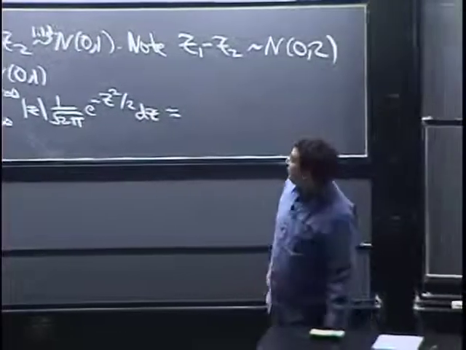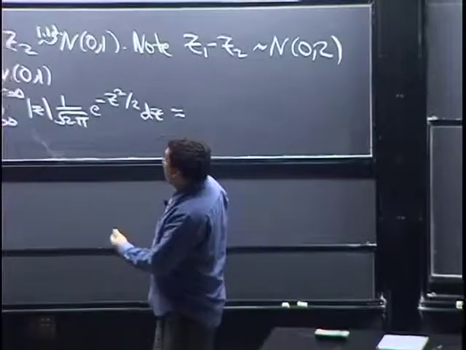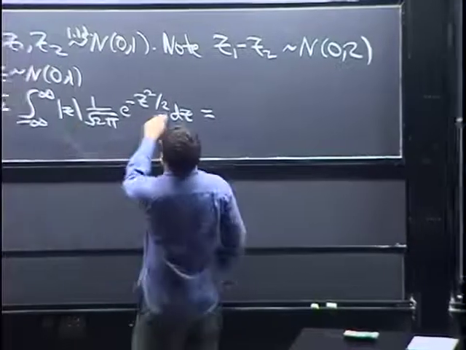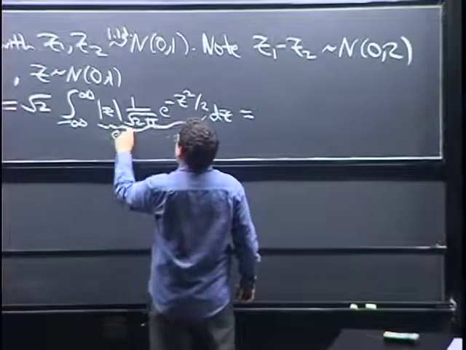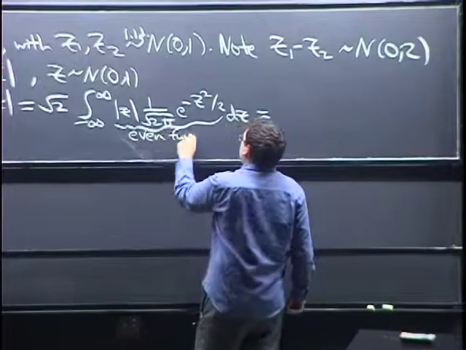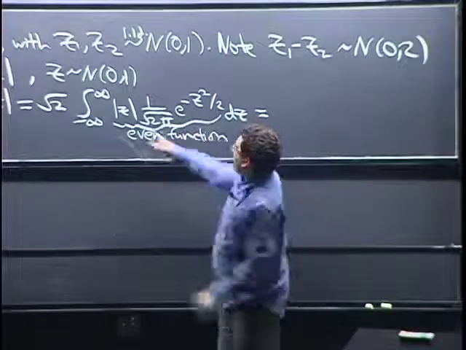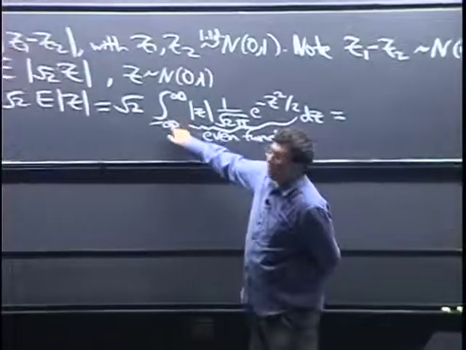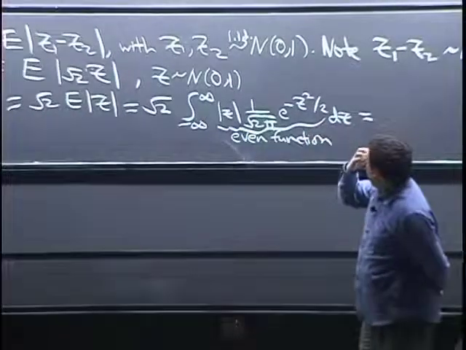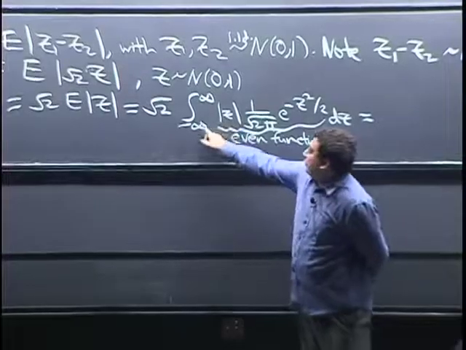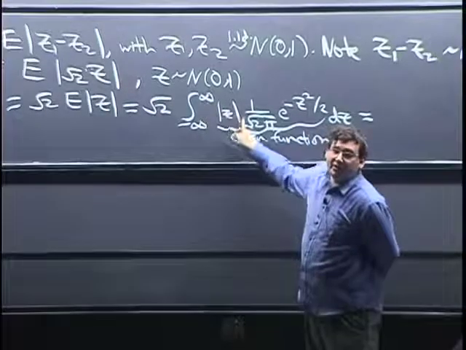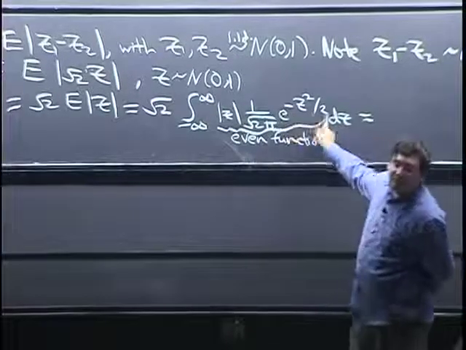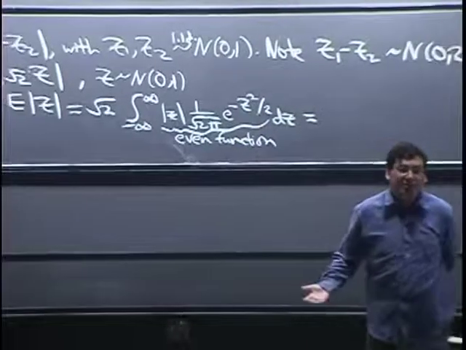And notice this is an even function. That is, if we replace z by minus z, we get the same thing. So we can just multiply by 2 and go from 0 to infinity. And once we go from 0 to infinity, we can drop the absolute values. And that's just z e to the minus z squared over 2. That's a really easy u substitution integral, right?